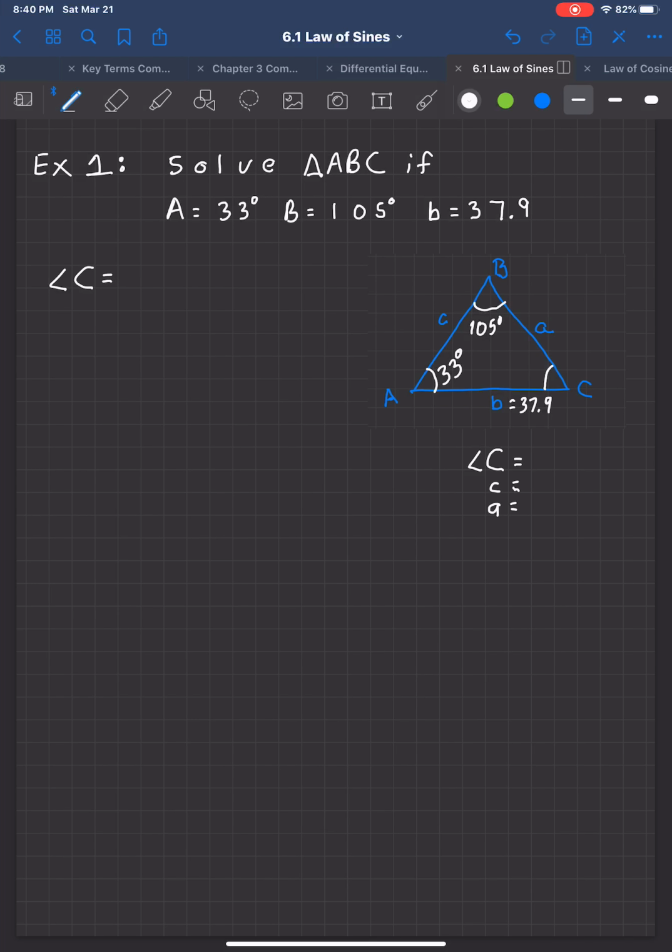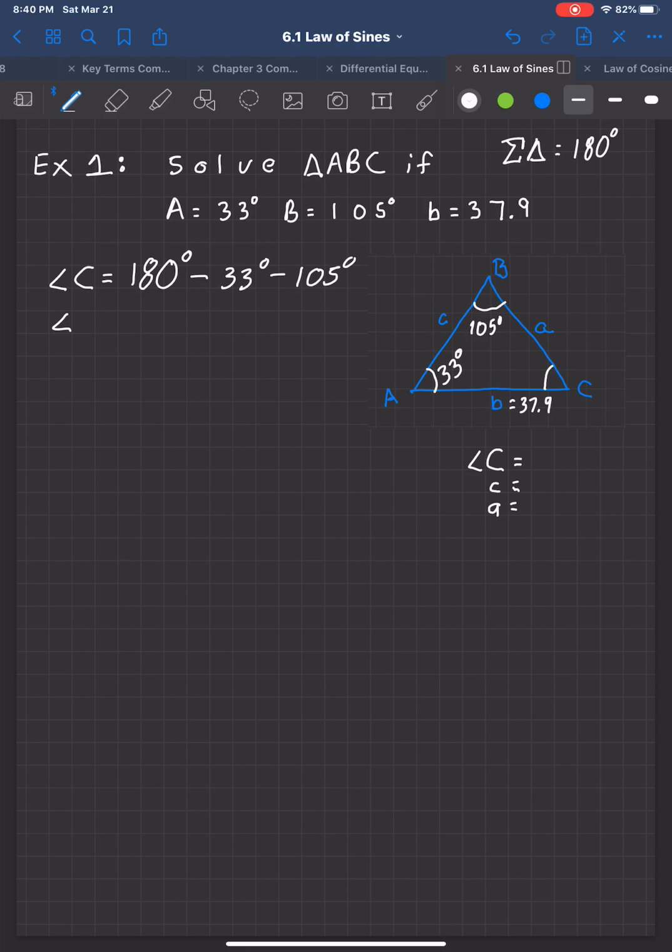Because you already know that the sum of angles for any triangle is going to equal 180 degrees. So if we just take 180 degrees and subtract out 33 degrees, then subtract 105 degrees, whatever's left is that angle.